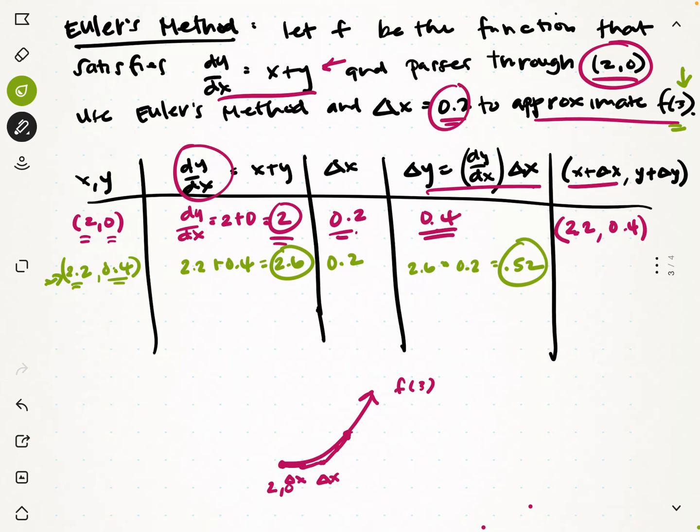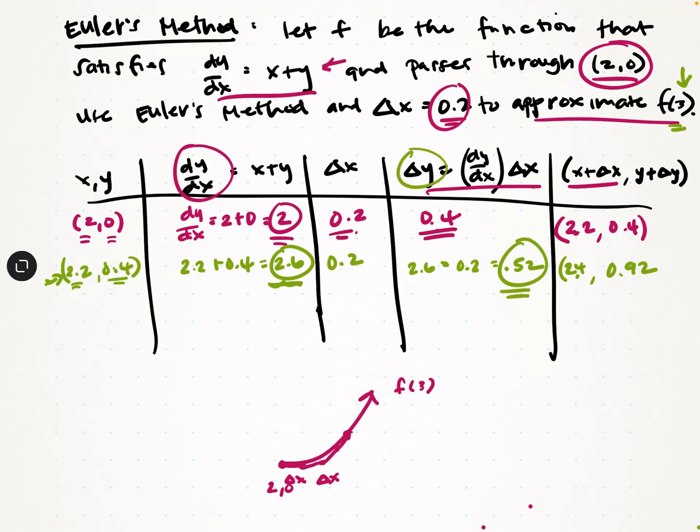So 2.2 plus 0.2 is 2.4. And then y plus delta y. Our y is 0.4, our delta y is 0.52, so this is going to be 0.92. We're adding our delta y with our y to get 0.92.